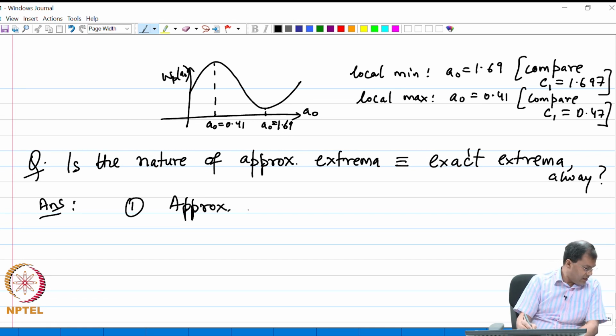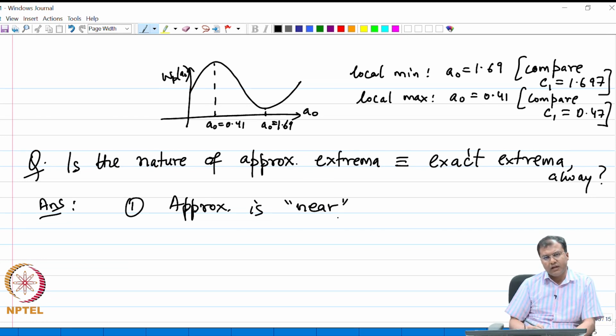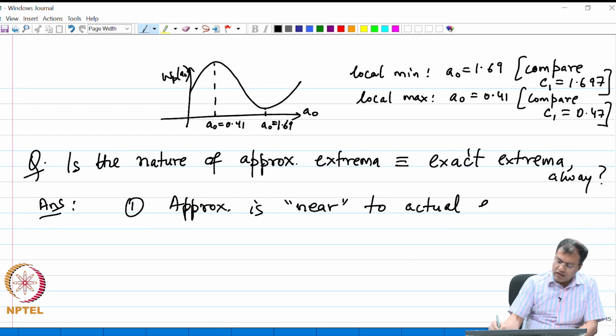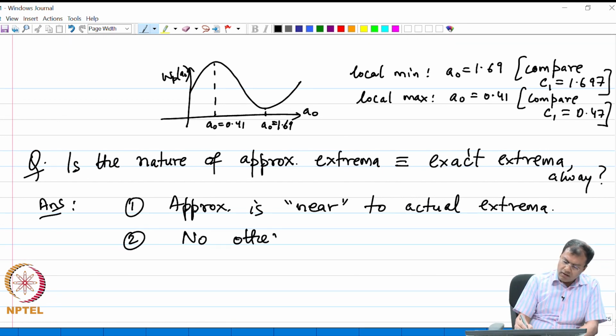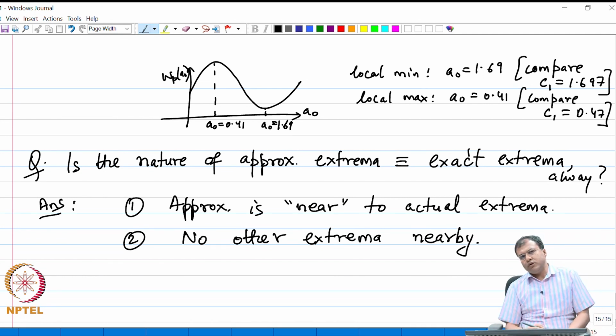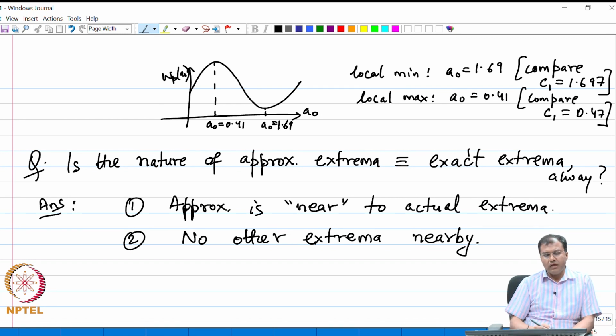If the approximation is near, and when I say near, it is in terms of a certain norm, near to the actual extrema, and further there is no other extrema nearby, so we do not have multiple solutions to the Euler-Lagrange equation, otherwise the approximation via the Ritz method might give erroneous answers.